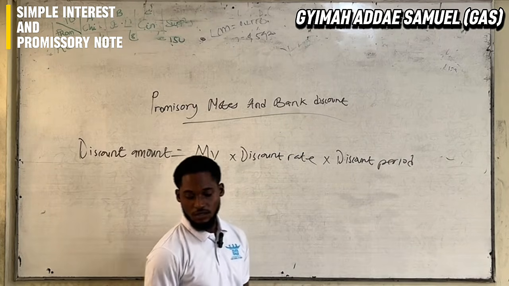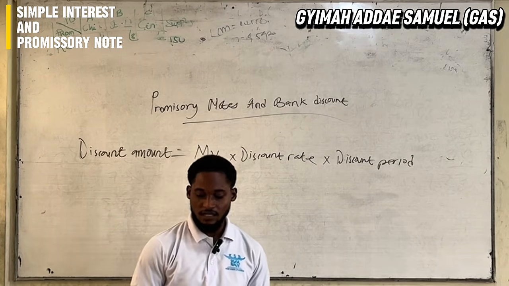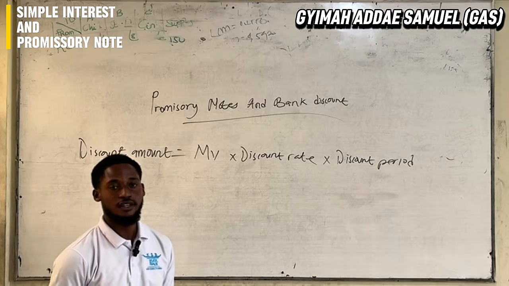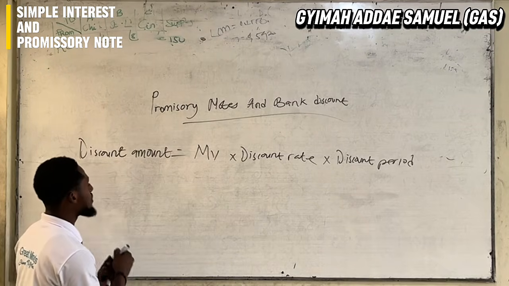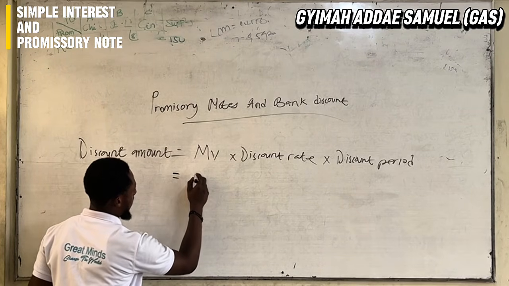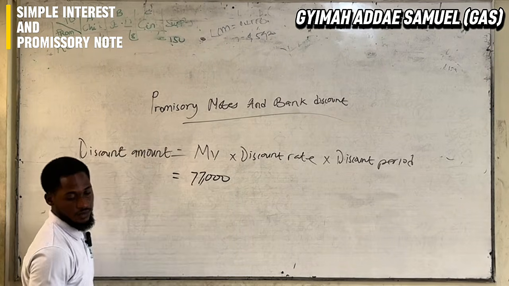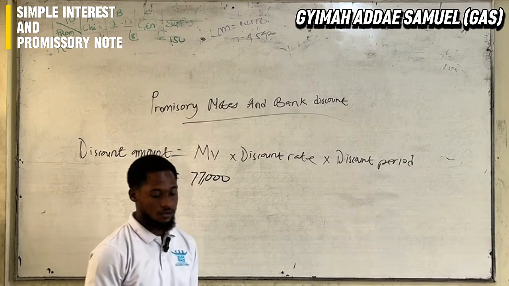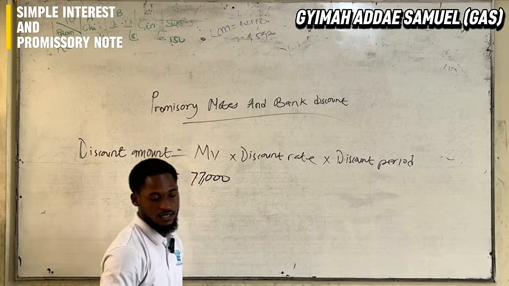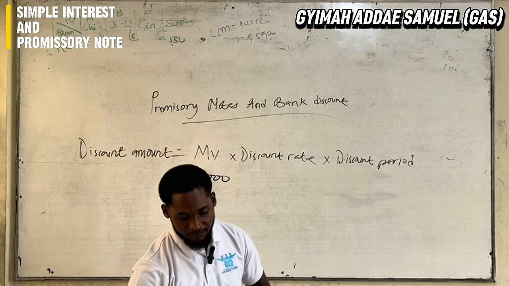And the maturity value we already calculated in the I, which was 77,000.